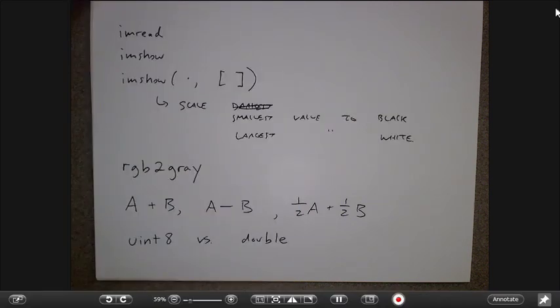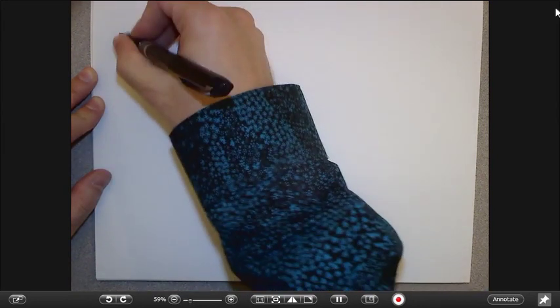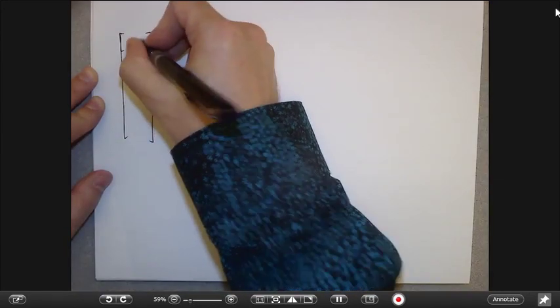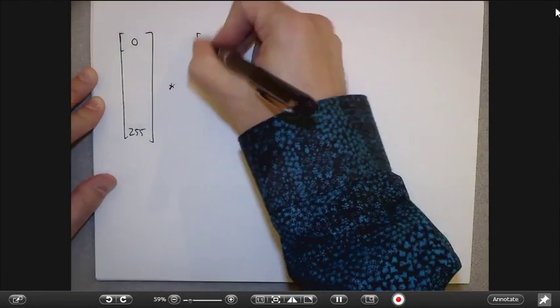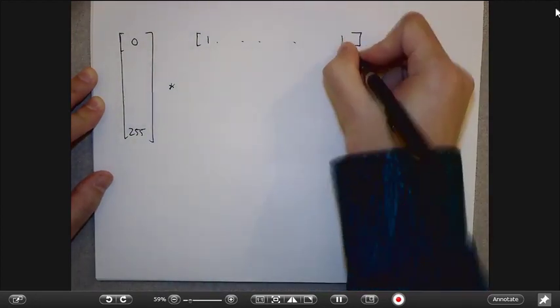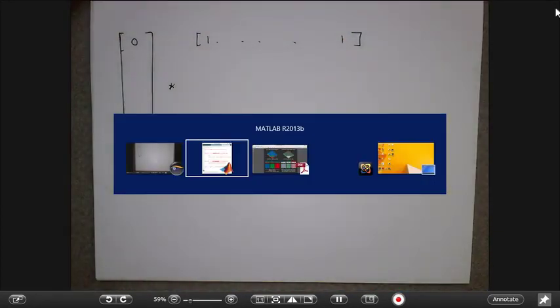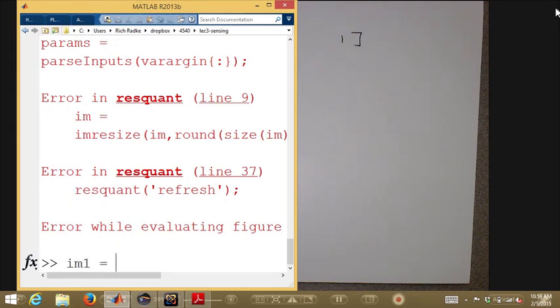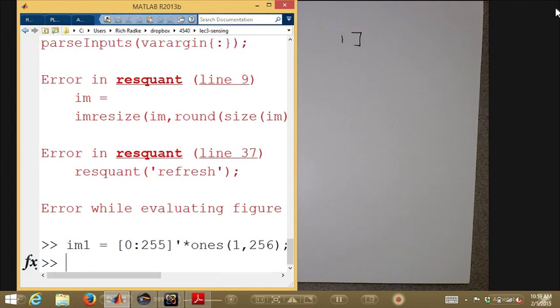So the idea being, let's make a ramp kind of image going from black to white, and I'm multiplying that by a vector of 1s like this. This is going to be a row vector, so I have to transpose it, and then I'm multiplying it times this row vector.